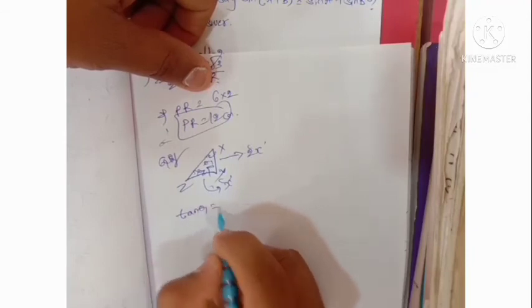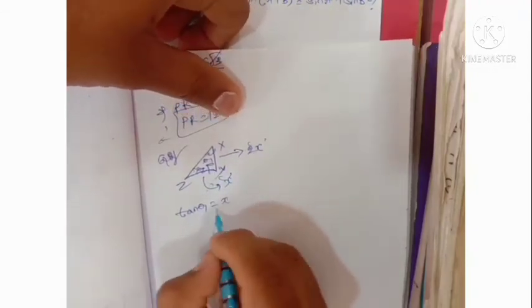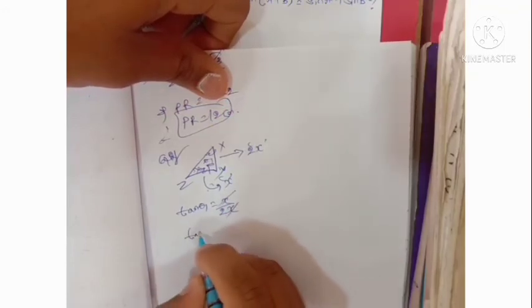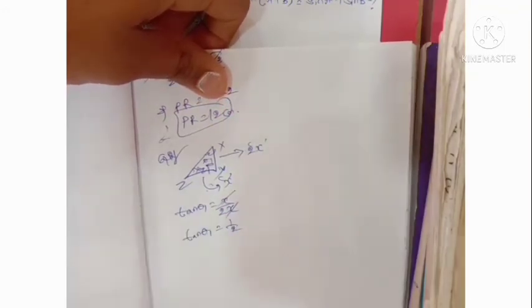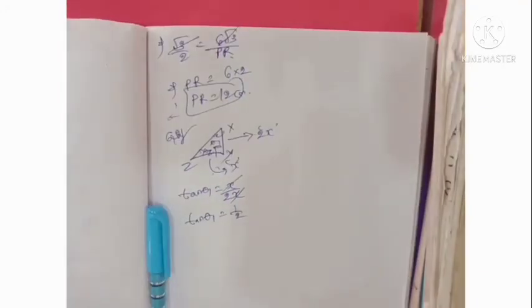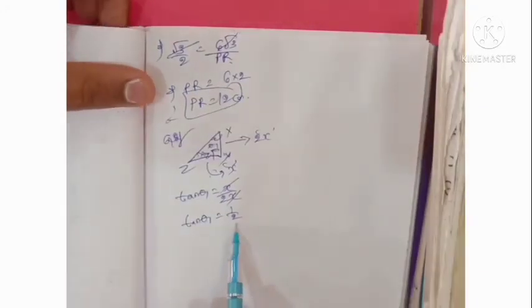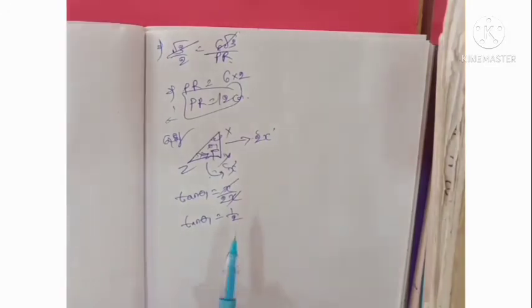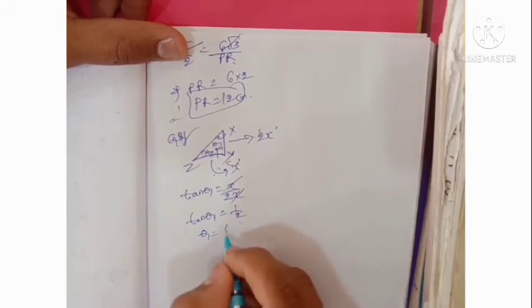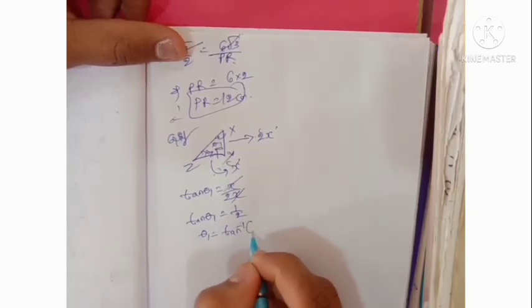Opposite by adjacent we have now, so you can find tan theta 1 is x by 2x, which is 1 by 2. Tan theta 1 is equal to 1 by 2. We cannot get the value 1 by 2 in the tan table, so in this case we write theta 1 is equal to tan inverse of 1 by 2.